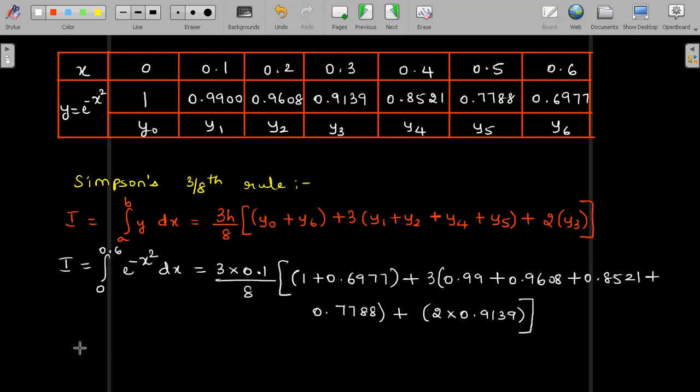Can make use of a calculator and obtain the answer for this. So integral a to b, that is 0 to 0.6 e power minus x square dx, the answer, approximately rounding off to 4 decimal places, is 0.5351. Hence the solution for this problem through Simpson's 3/8 rule.